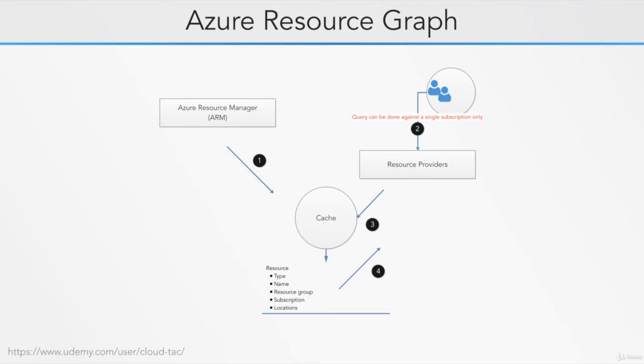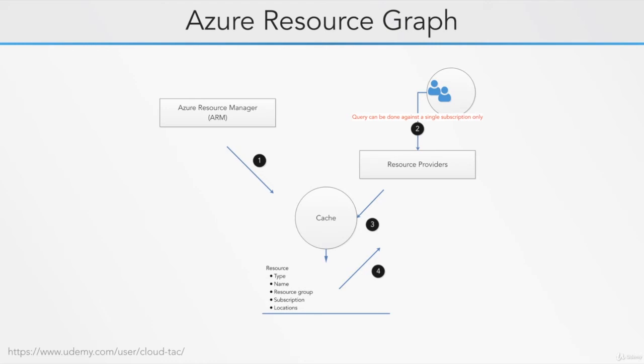Traditionally, Azure Resource Manager sends data to a cache that exposes some information about the resource, such as resource name, ID, type, resource group, subscriptions, and location. Normally, we make calls to each resource provider and request information for each resource.